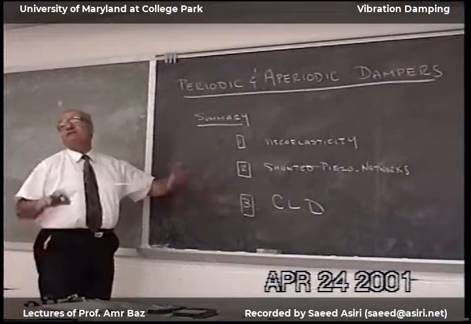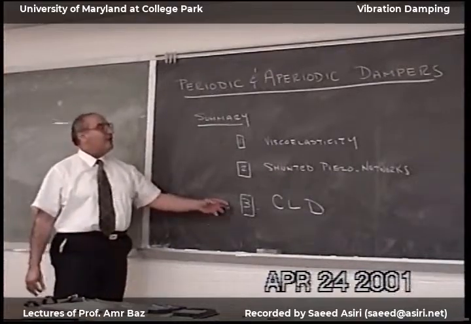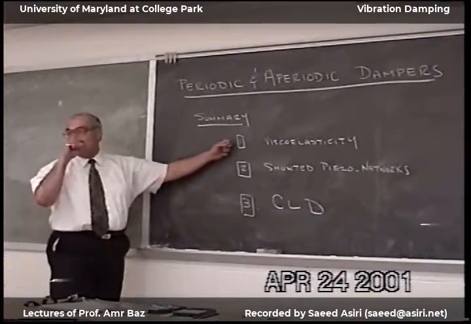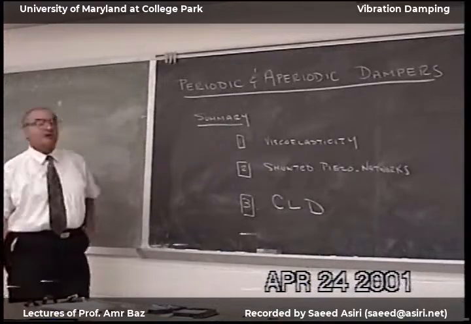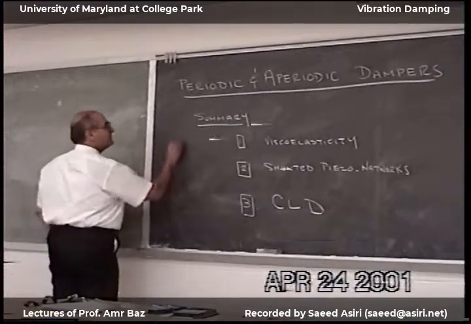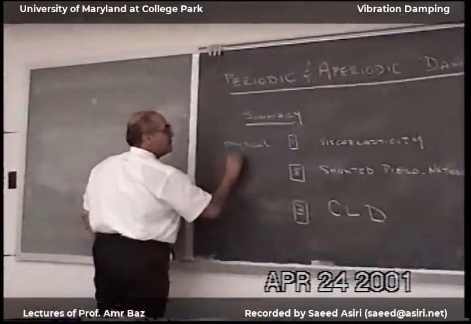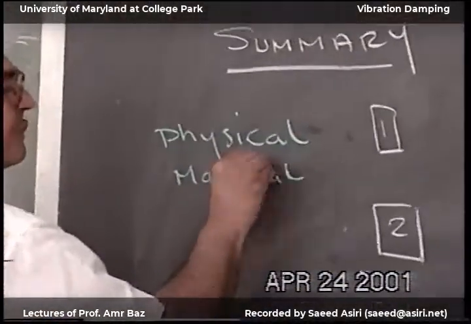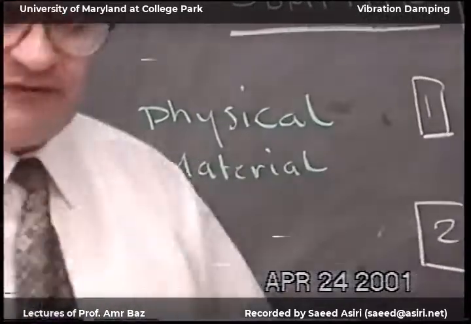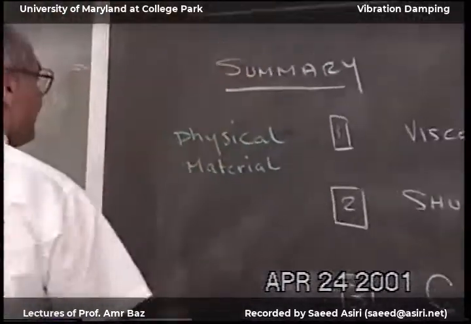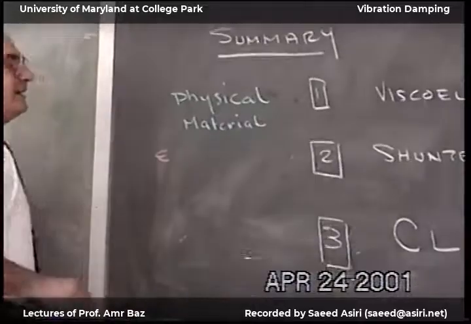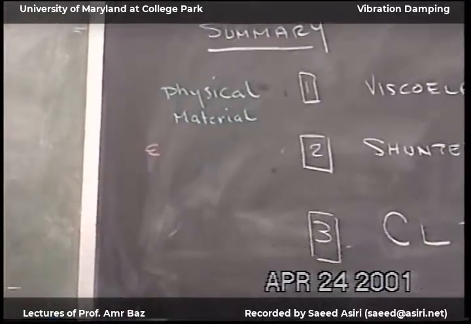And here, this is an implementation or embodiment of how to use this material effectively in damping the vibration. So here we have a physical material. And here we have an electroactive material. I mean physical damping material.